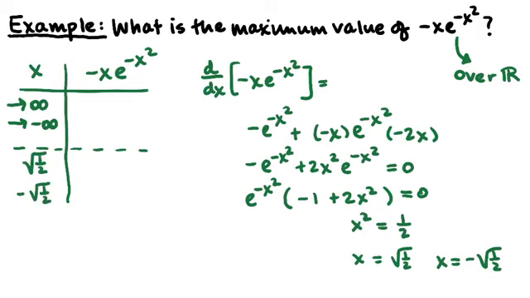All right, so I'm actually going to start with these limits right here that I'm going to highlight in gray. We'll look at the limit as x approaches infinity and negative infinity of negative x e to the negative x squared. Well, I'm going to rewrite negative x e to the negative x squared as a fraction. We'll have negative x on top and e to the x squared on bottom.